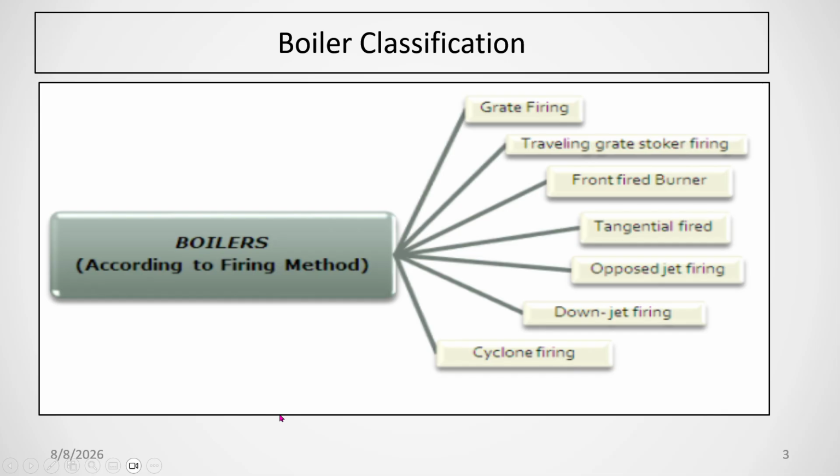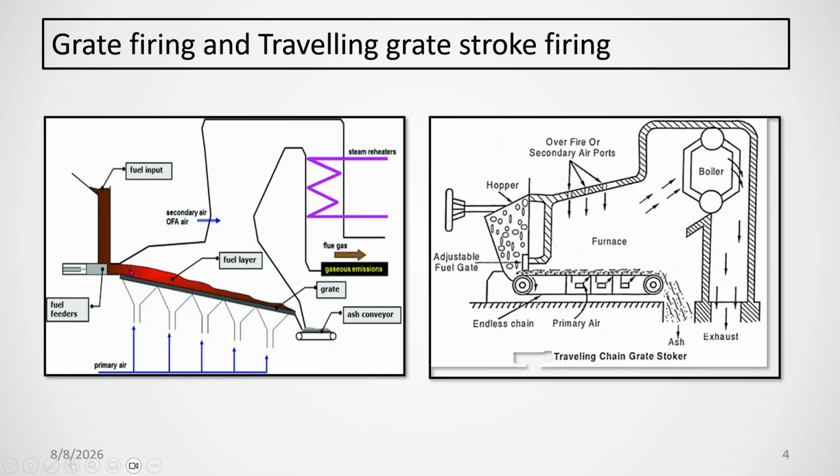What is grate firing? You see this is the grate, with high temperature perforated plates, slightly sloped, and the fuel input is from the top, with this ram. As per load, you push the ram so the fuel goes inside onto the grate.